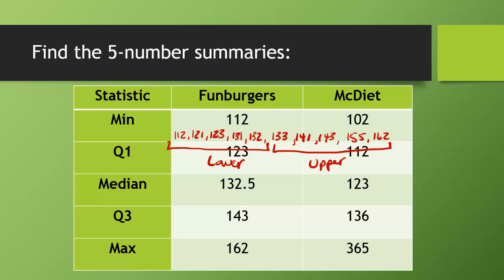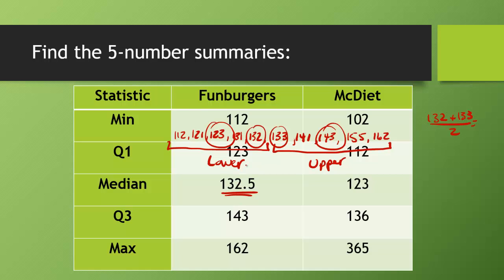So what you do is take the two numbers right next to each other that are in separate halves and find the mean of those two numbers. So 132 plus 133 divided by 2 gives me that number right there. Now in our lower half, we had a middle number of 123, which is how I got this one right here. And over here we had a middle number of 143, which is how I got this Q3 amount here.